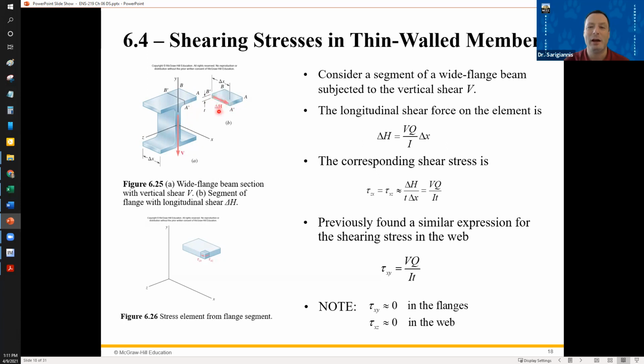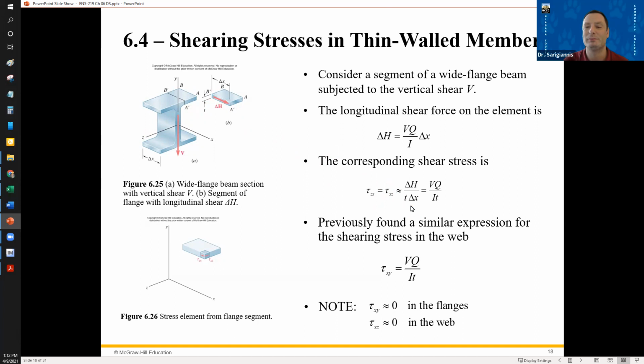And then the other one is tau XZ, so you're on the X plane, which has Z direction shear, so along the Z direction.